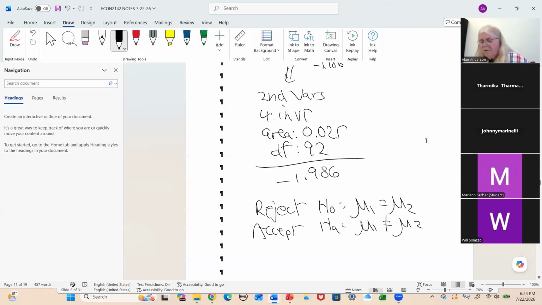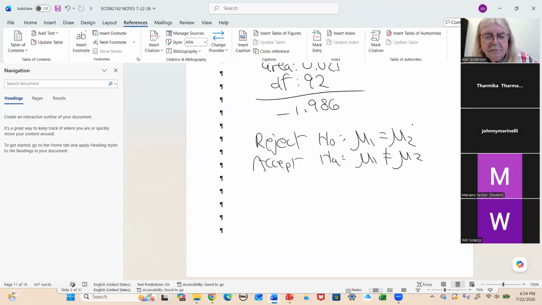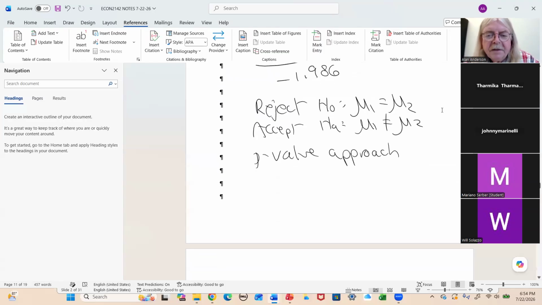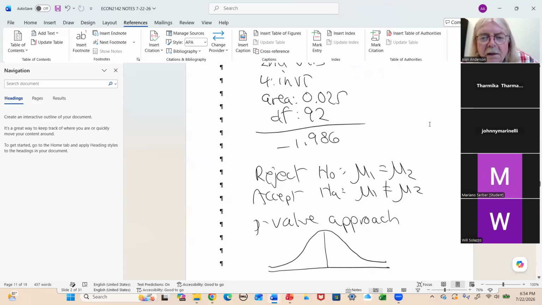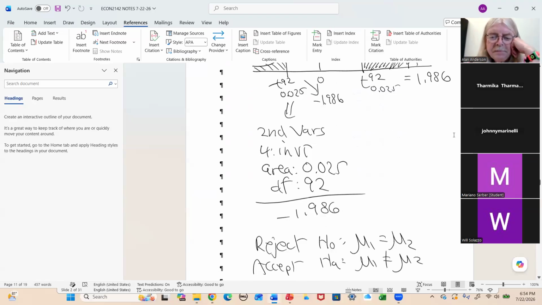And I also want to try the p-value approach. So let's draw that diagram again. 5.41 is our test statistic.